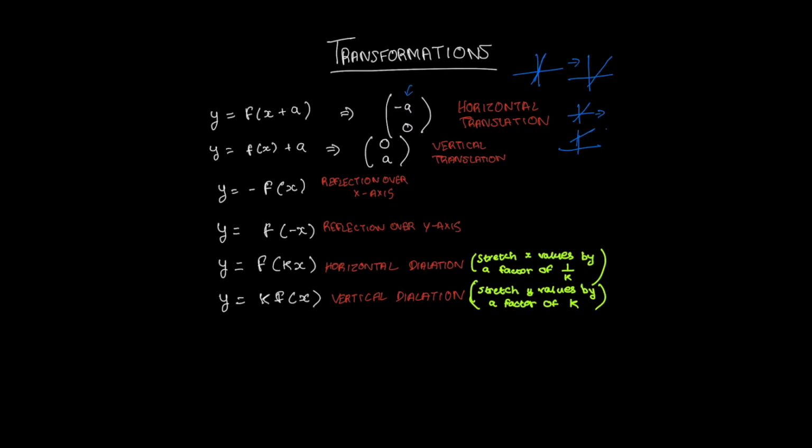And likewise in the column vector here, if it's positive a, you move upwards, and negative a, you move downwards. So if they give f of x plus a, you move a units to the left, which is negative a. And if they give f of x minus a, you move a units to the right. And that's quite self-explanatory.